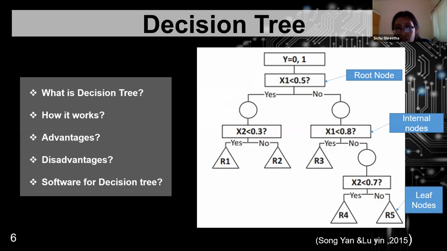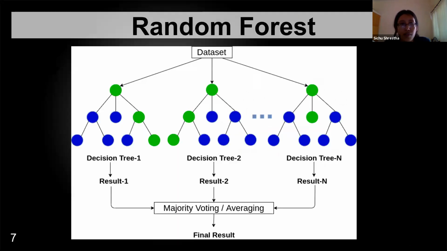To address such issues, random forest was developed from the decision tree. So random forest is basically based on decision tree. Random forest is an ensemble method which uses several decision trees and obtains results from the averaging or voting of the results of those decision trees.